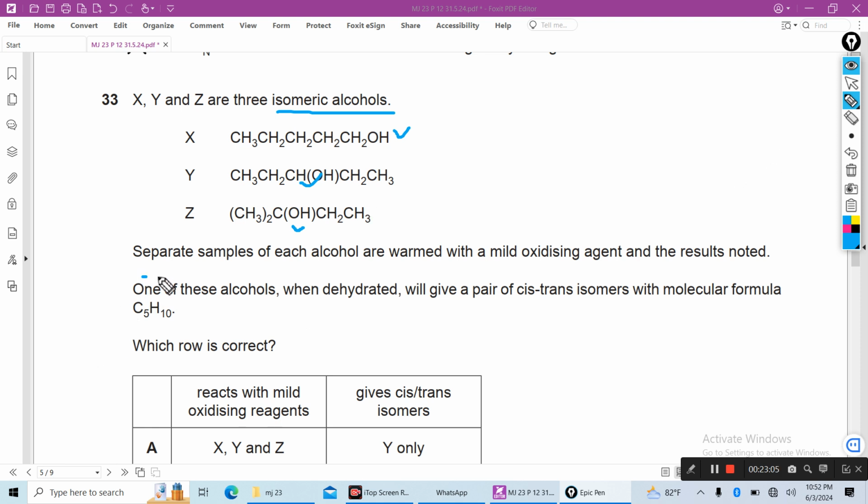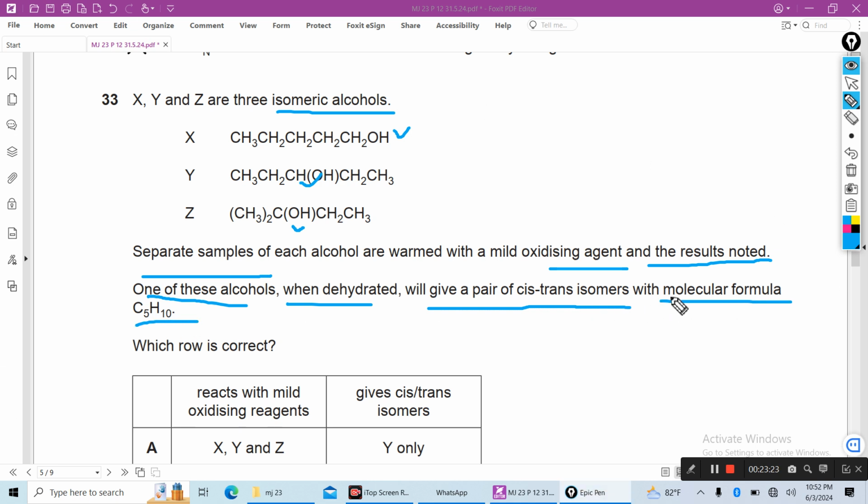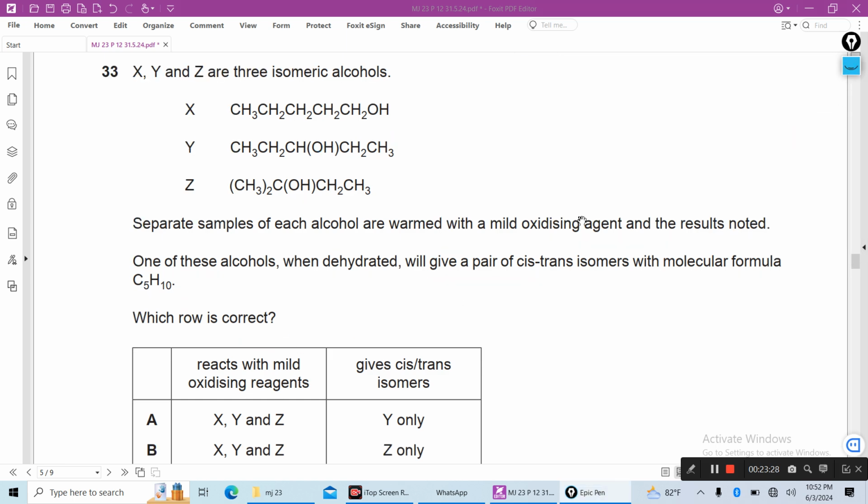Separate samples of each alcohol are warmed with a mild oxidizing agent, and the result is noted. One of these alcohols, when dehydrated, will give a pair of cis trans isomers with molecular formula C5H10. Which row is correct? You are asking now.